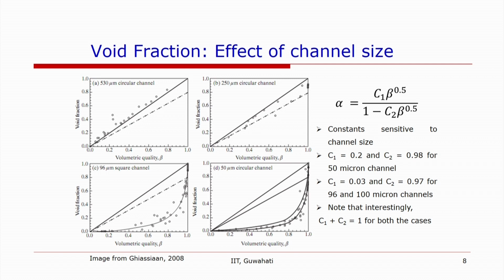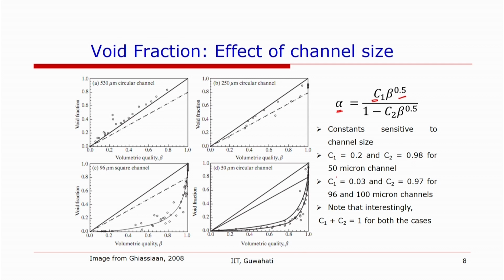So based on their results, and these plots have been taken from Gasian's book based on the work of Chung and Kawaji, they have developed a correlation which is that alpha is equal to a constant C1 beta to the power 0.5 divided by 1 minus constant C2 into beta to the power 0.5, and this constant is sensitive to channel size.